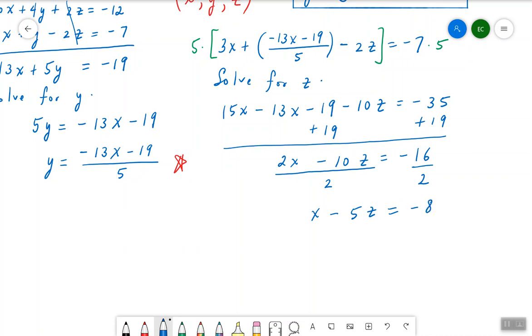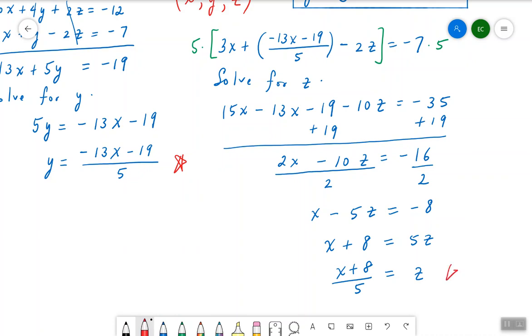Okay, so let's keep going. Let's solve for z. With all these negative signs here, what would be nice is if we added 8 over to the left side, and we added 5z over to the right side. That would make all the coefficients positive, and then z is equal to x plus 8 over 5.